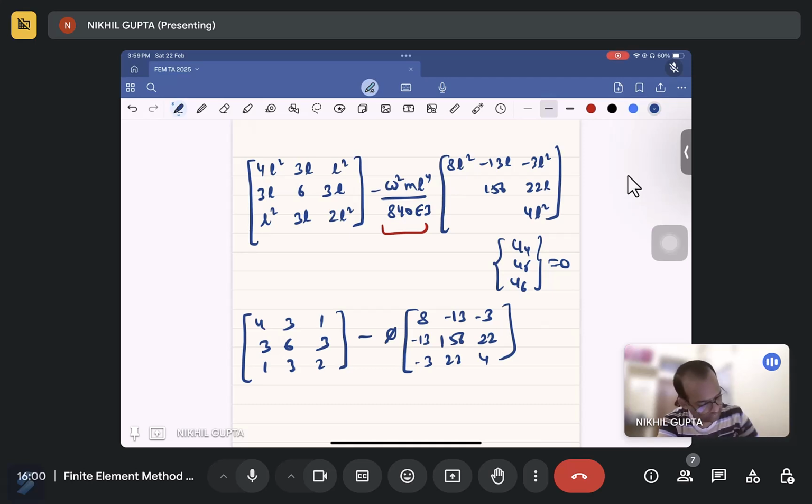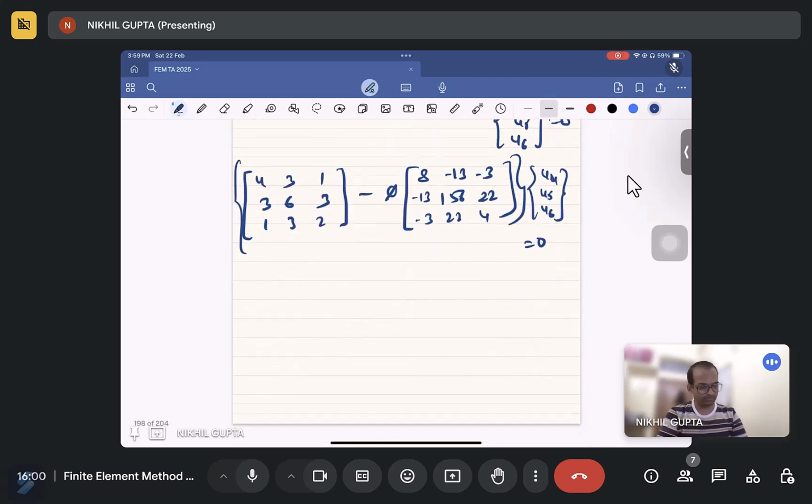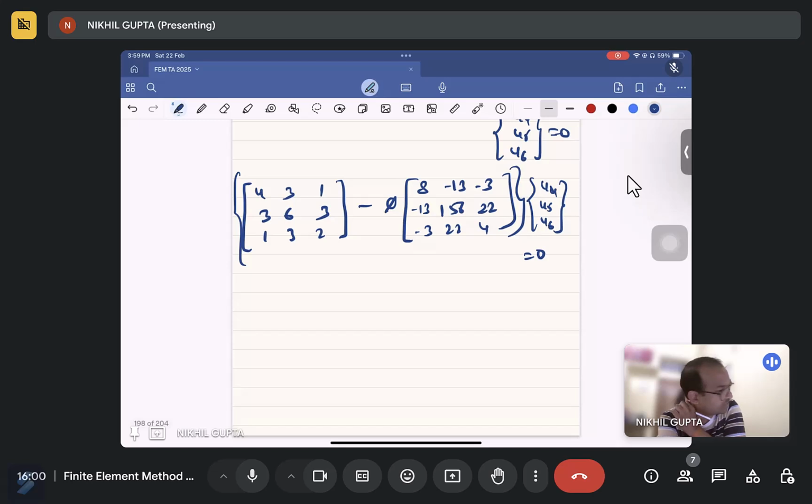Now here we will put the full bracket, then u4, u5, u6 equals 0. Now we have to use the eigenvalue problem and solve it.